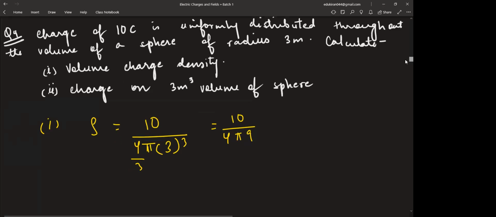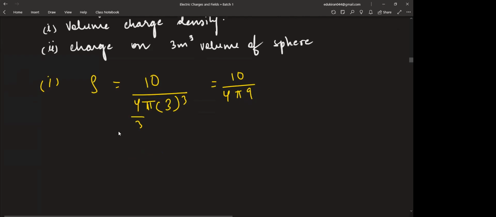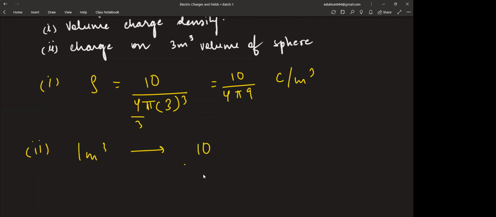Now this says charge on 3 meter cube. So this is coulomb by meter cube. In the second part, this says that for 1 meter cube, we have 10 by 4 pi into 3 into 3.